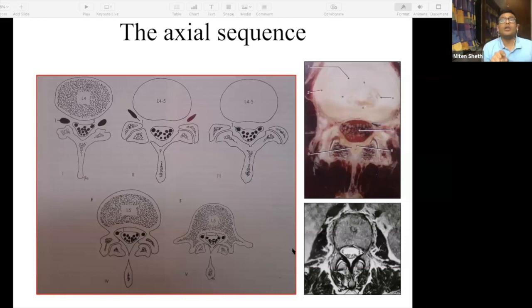Sometimes they are labeled, sometimes they are not labeled. But basically there's always a small pilot image given in the corner, where numbers are given, and based on the number, so you can have 1, 2, 3, 4, 5, 6, 7, 8, 9, 10. So when you see number 10, you will know that that's an axial sequence at the level of L4-5.